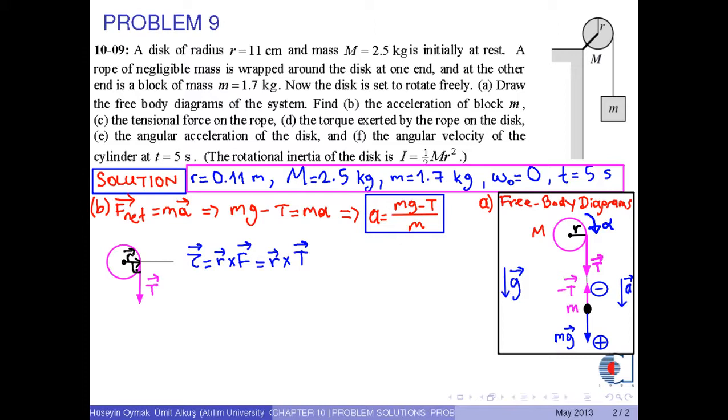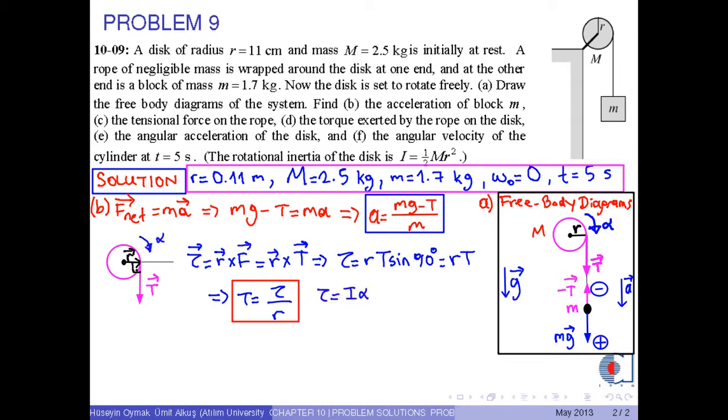Since the angle between the tensional force and r is equal to 90 degrees, we have tau equals r times T times sine 90 degrees, that is r times T. Then the expression for tension T is obtained as T equals tau over r. In this formula, we can use the formula for tau as tau equals I times alpha.